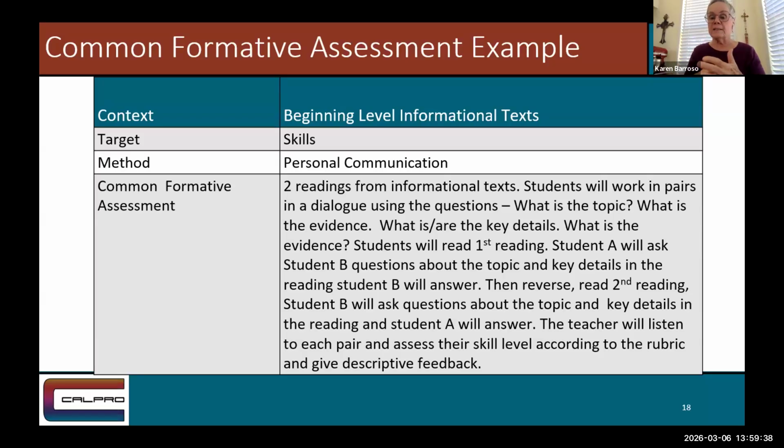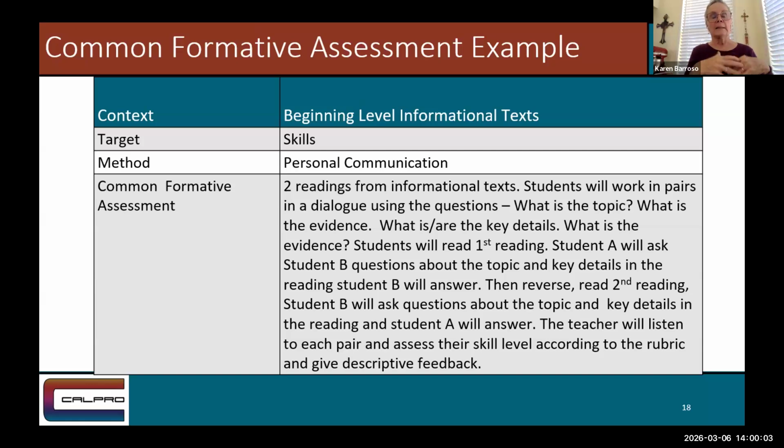How do you know? What is the evidence? They can point out, this is why this is the topic, and then the details and what's the evidence. And so, of course, one of the academic words has to be taught, evidence. So that is taught in your lesson somewhere when you actually have been teaching reading as we go along.